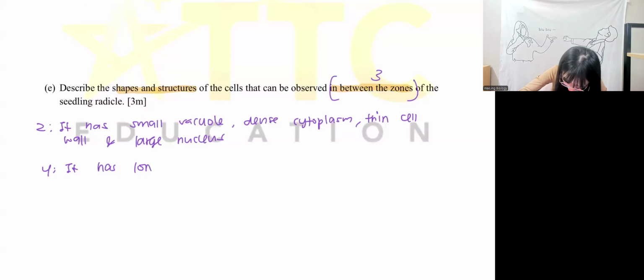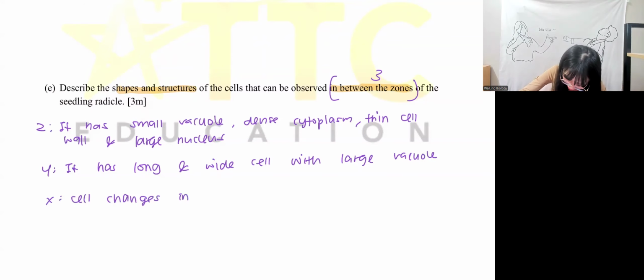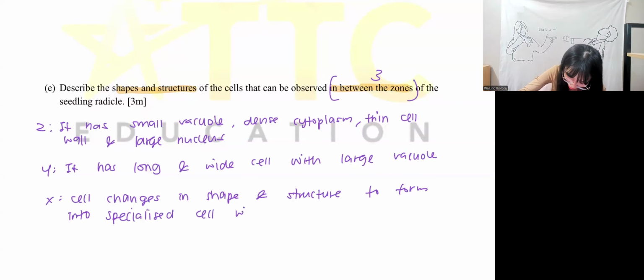It has long and wide cell with large vacuole. And then X, cell changes in shape and structure to form into specialized cell with specific function.